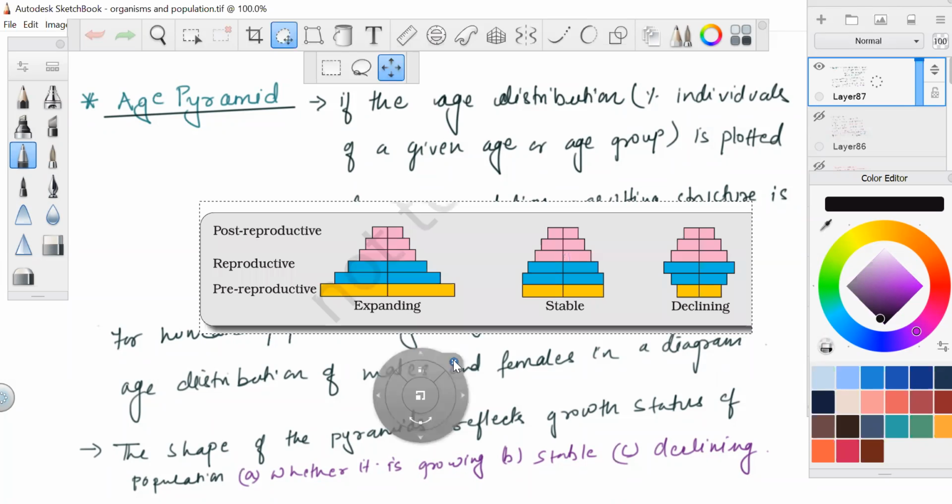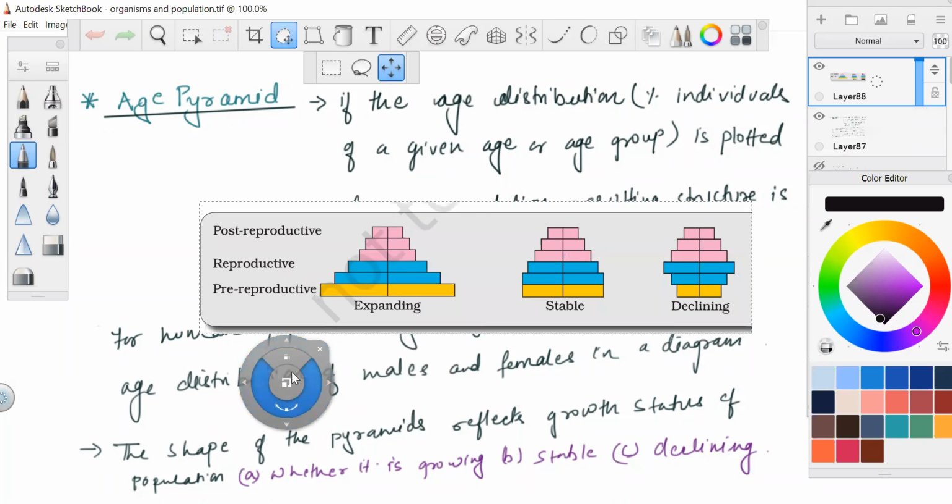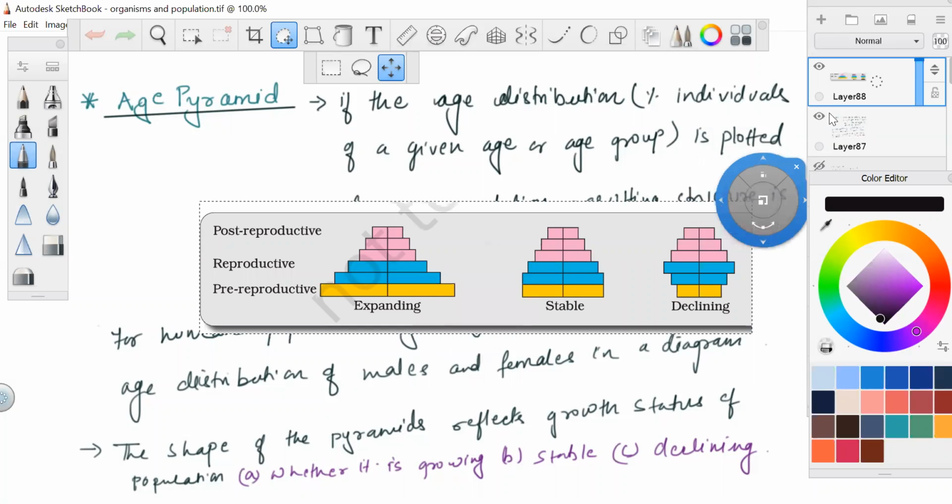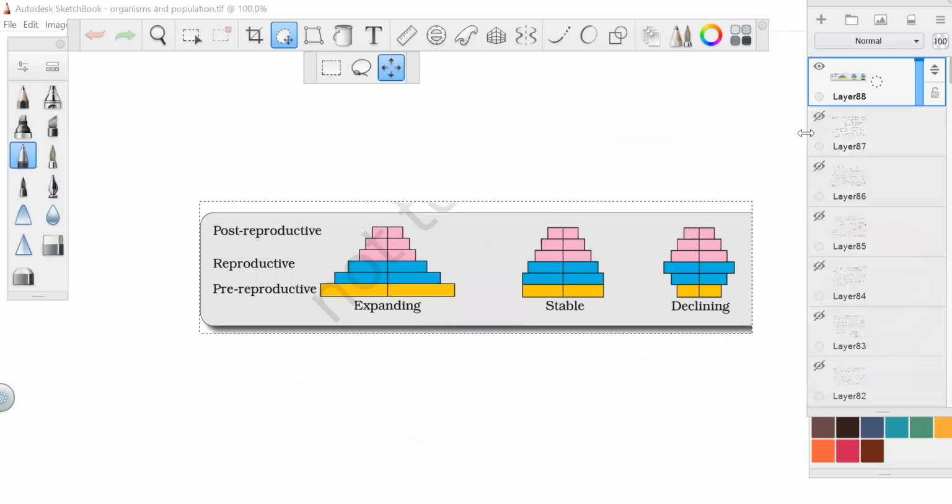This is the representation of pyramids for human population. So you will be getting an image like this. You have it in your NCERT also.